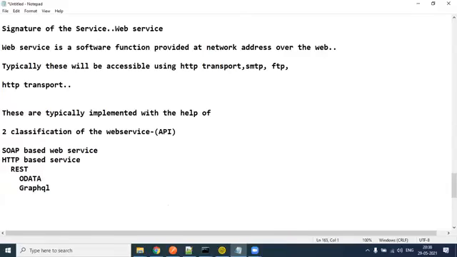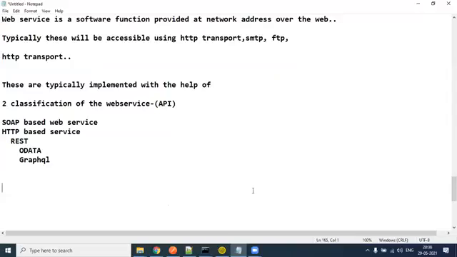Now we'll talk about SOAP and REST based services or HTTP based services. Let's forget what SOAP is. We don't know what HTTP is, but I will just give you the full forms at this moment. What is the full form of SOAP? Simple Object Access Protocol. Very nice.